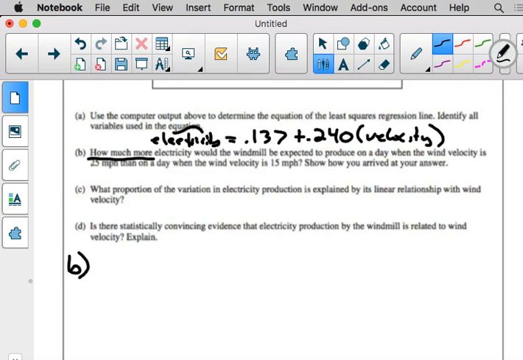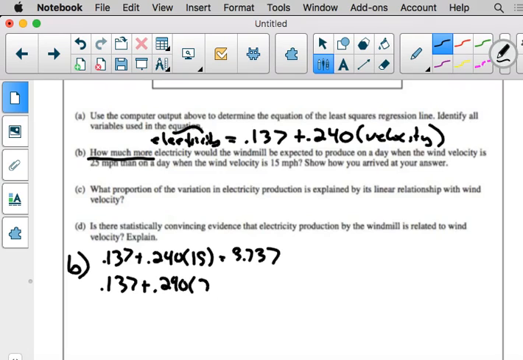So if I plug in 0.137 plus 0.240 times 15 into my calculator, I get 3.737. And I plug in 25, and I get 6.137.